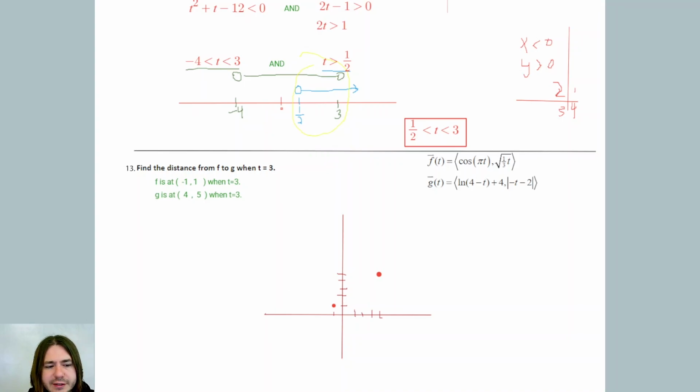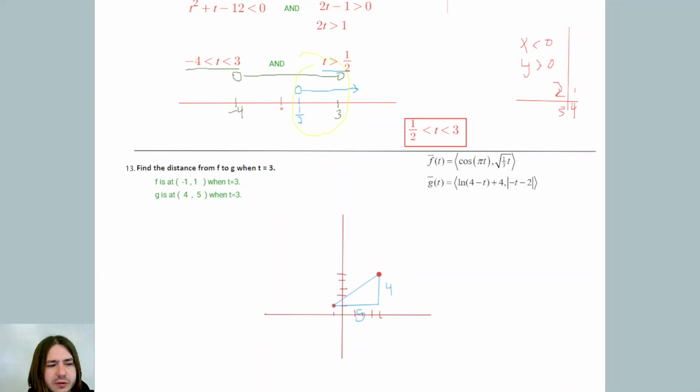To find the distance from this point to this point, you can use the distance formula if you know it, or just set up a little right triangle and use the Pythagorean theorem. You can see that the distance of this side is 4 and 1 is going to be 5. This one would be 1, 2, 3, 4, 4.